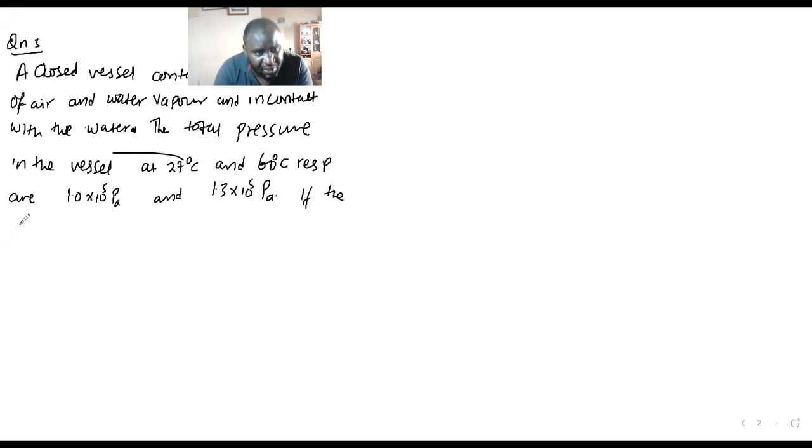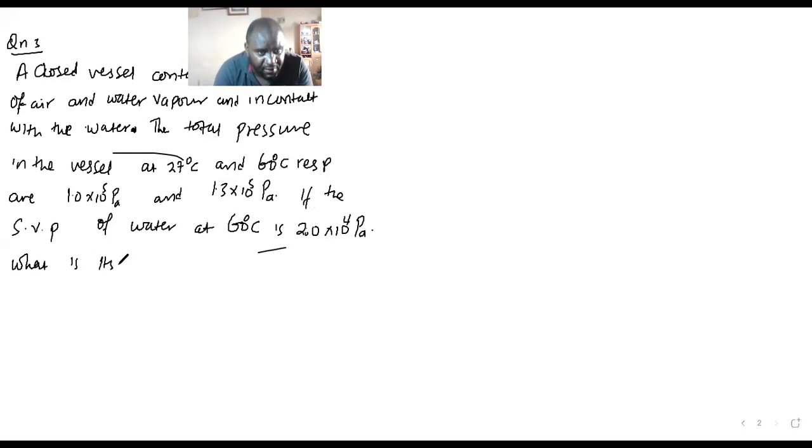If the saturated vapor pressure of water at 60 degrees Celsius is 2.0 times 10 to the power 4 pascals, what is its value at 27 degrees Celsius?